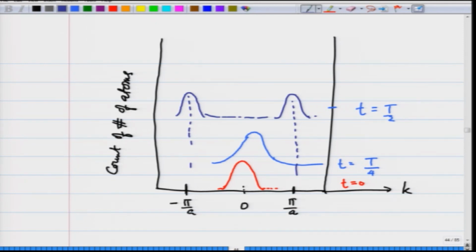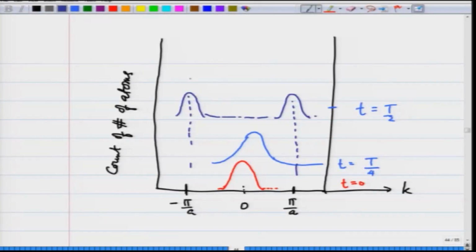What does that mean? That simply means that once the wave packet reached the Brillouin zone boundary, we have already been saying that plus pi by a is equivalent to minus pi by a. So, half the atoms went into the plus pi by a state, half the atoms went into the minus pi by a state. And as time evolved, this peak started becoming larger towards minus pi by a.